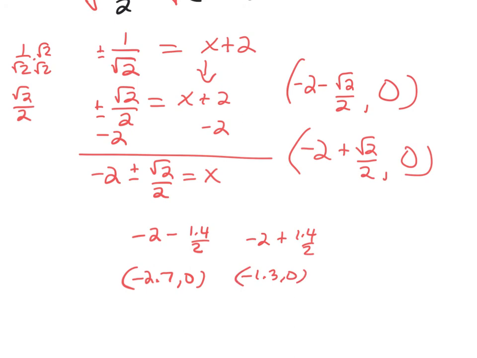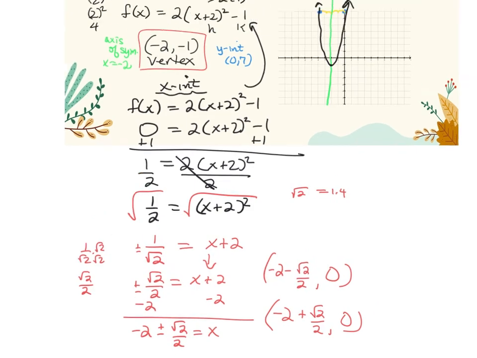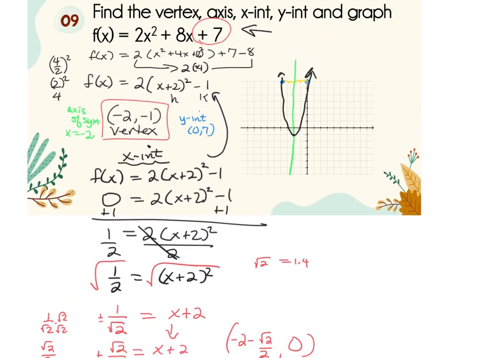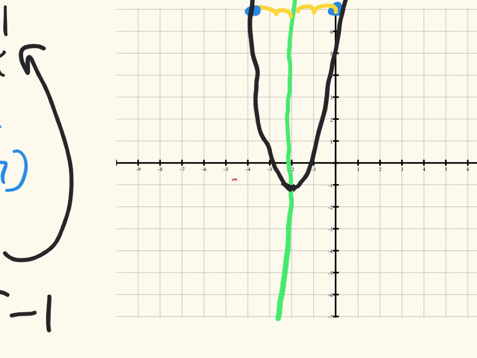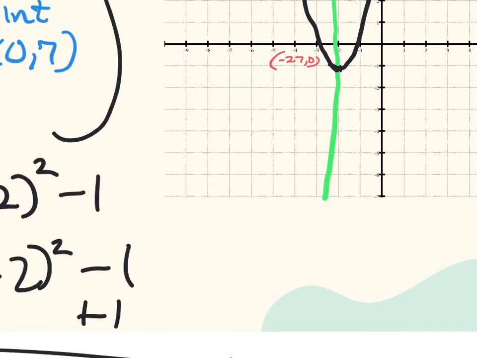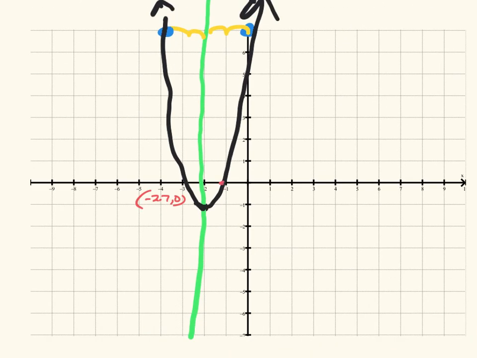So let's go up and take a look at our graph. Negative 2.7, so I got it about here. And then the other one was negative 1.3, so about here. Negative 1.3, comma 0.